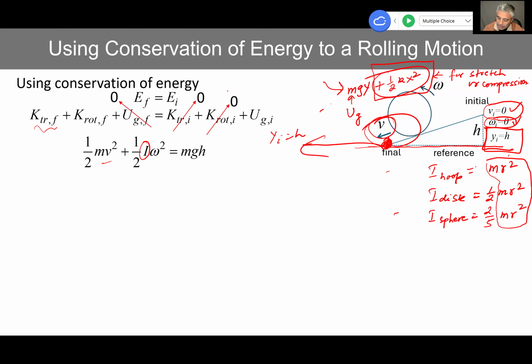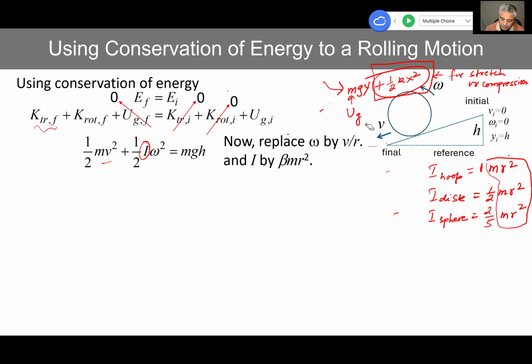So what differentiates the rotational inertia among these? It is just one thing: the number in front of mr squared, which is 1, half, 2/5, and so on. Only that number differentiates them. That means I can write just one formula for all of those: mr squared times some number. I'm saying beta is a constant.